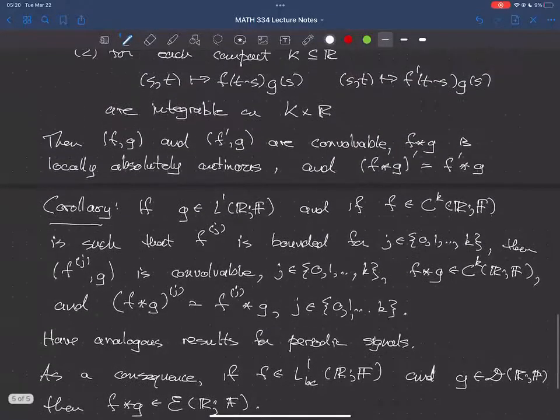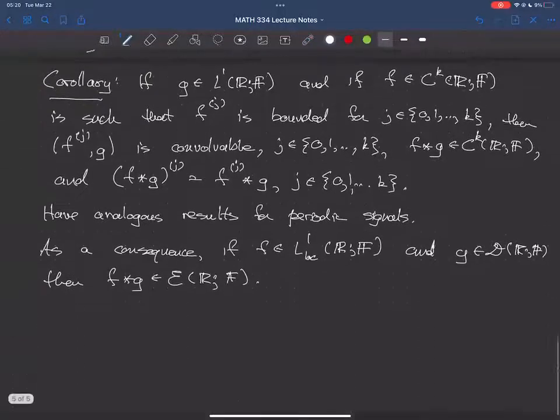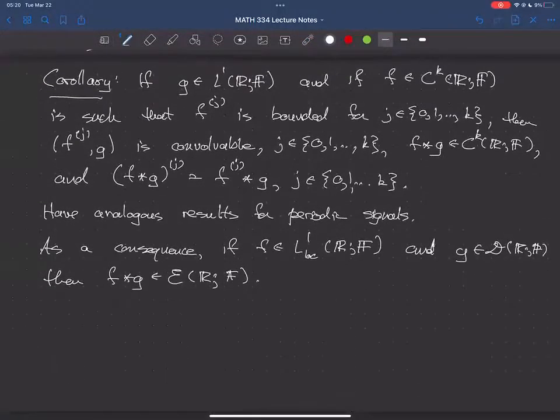And this doesn't just quite follow from the corollary in the way that I've stated it, because g is in L1, but it does actually follow from the theorem, because I have this compactness condition here. And g, the way I've given it, has compact support, and so you're going to be able to verify condition 2. So this is the regularity part of approximation and regularization.